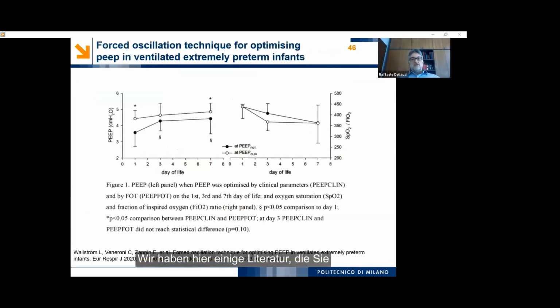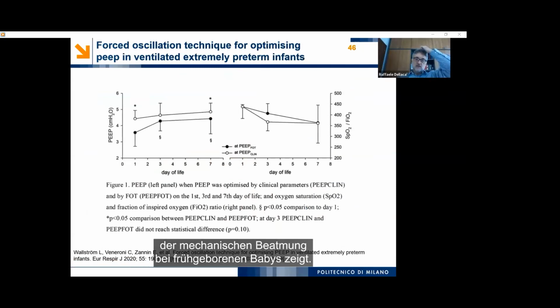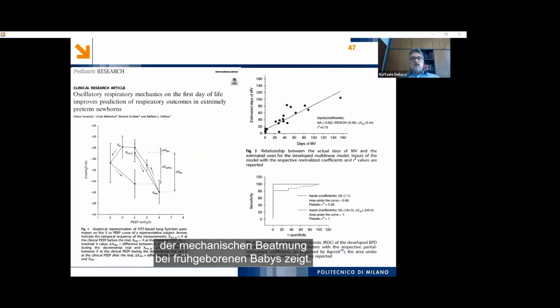We have some other literature that we would be happy for you to read, showing the usefulness of this technology when tailoring mechanical ventilation in preterm babies. We are also exploring the diagnostic capabilities of this technology.